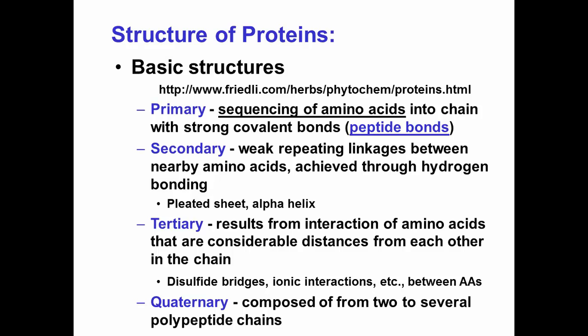And then tertiary is how you get interactions from amino acids that may be quite far away from each other in the primary sequence, but they come together through hydrophobic interactions and disulfide bonds and various other types of interactions that help the protein fold up and make its globular structure. And then quaternary is when you have multiple peptide chains.